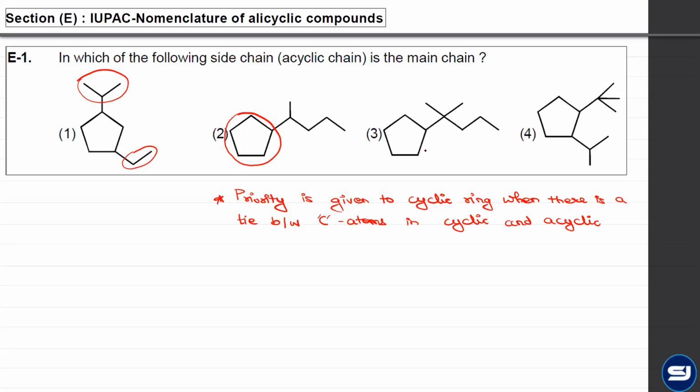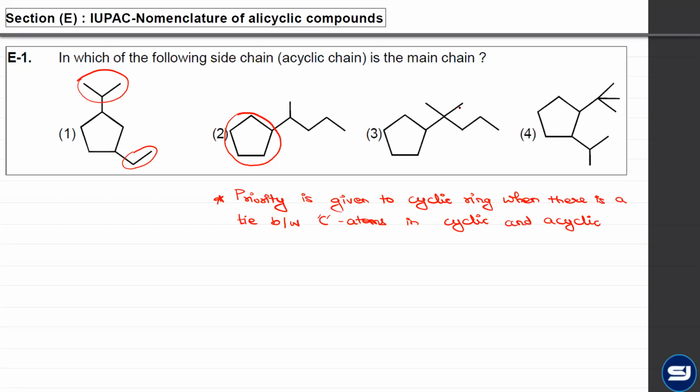Next, the ring has 5 and the acyclic chain has 5. Now here both have 5, but 6 is the total number of carbon atoms.